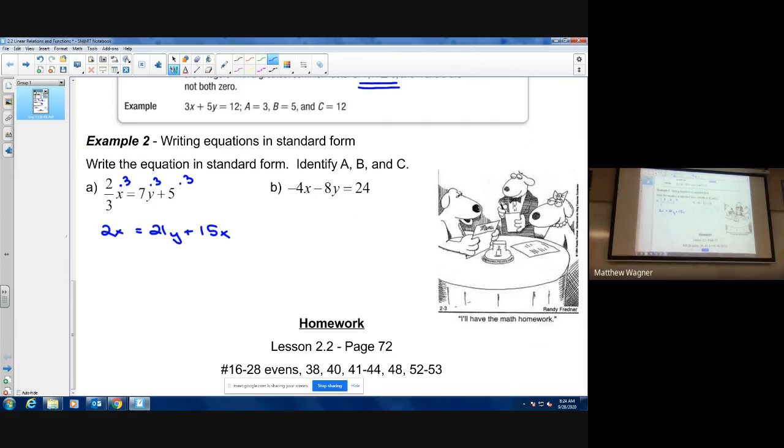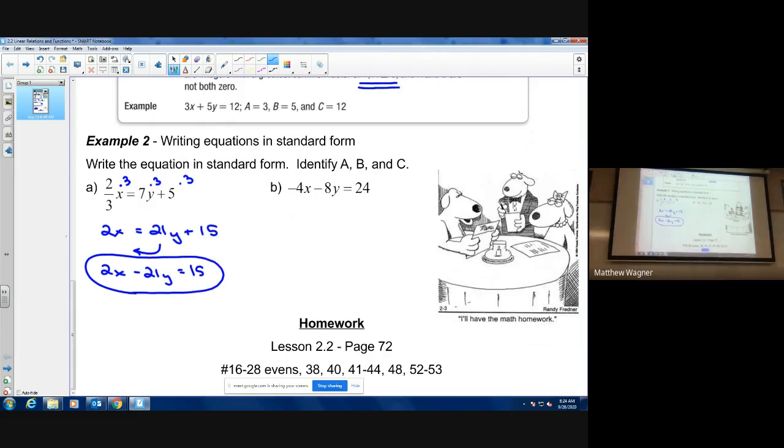Now that I have integers across the board, I need to rearrange things so that a is positive, but then variables are on both sides. So I'm going to subtract 21y from both sides. So I have 2x minus 21y equals 15.